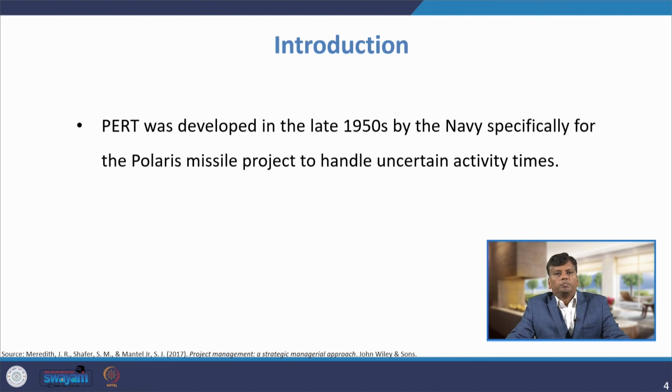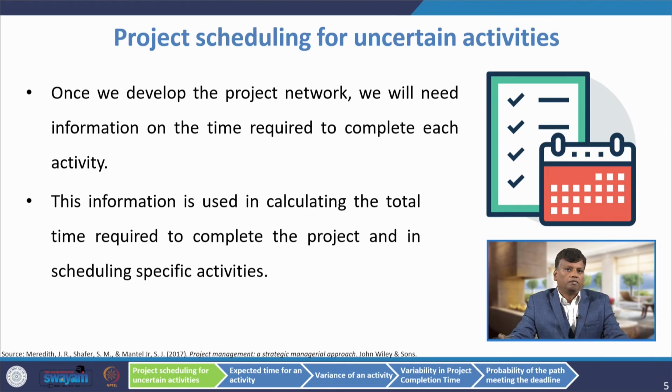PERT was developed in the late 1950s by the Navy specifically for the Polaris missile project to handle uncertain activity times. Once we develop the project network, we will need information on the time required to complete each activity. The information is used in calculating the total time required to complete the project and in scheduling specific activities.